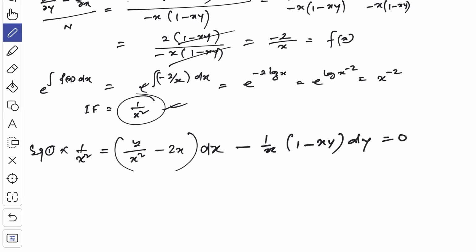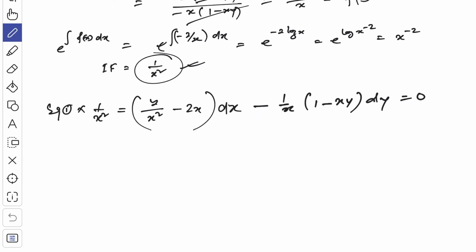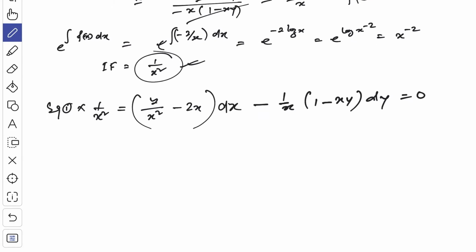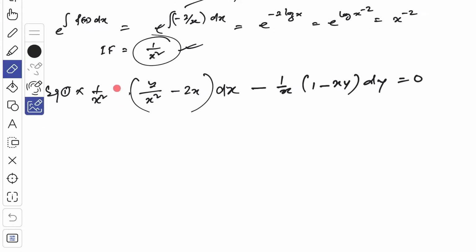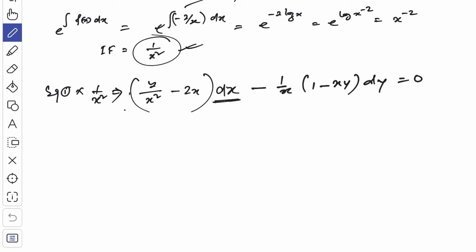Now, what is our next step? Our next step is to integrate. So how to integrate? This sign should be implies. So what we're going to do? The term which consists dx, we're going to integrate this term with respect to x, minus twice x dx.